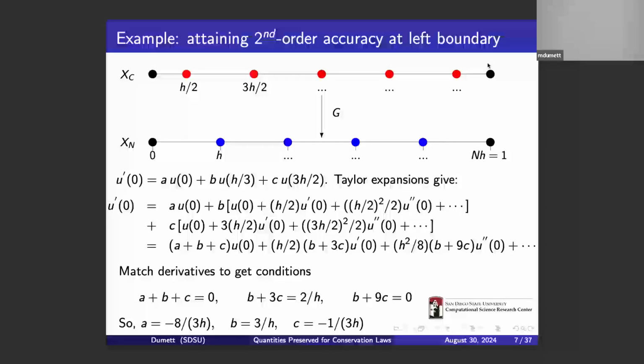However, when I want to compute the derivative here, I don't have two to use. So what I do is, I will use this, and the next one. If I want the second order derivative over here, I will use the derivative at 0 as a linear combination of data here, here, and here. Okay? So I have to determine A, B, and C.